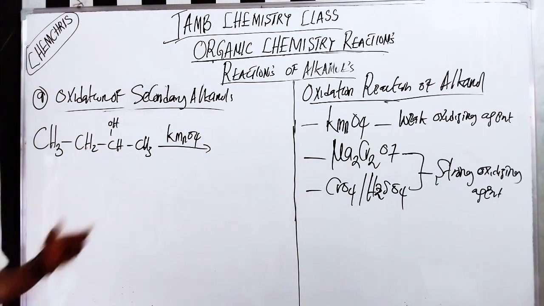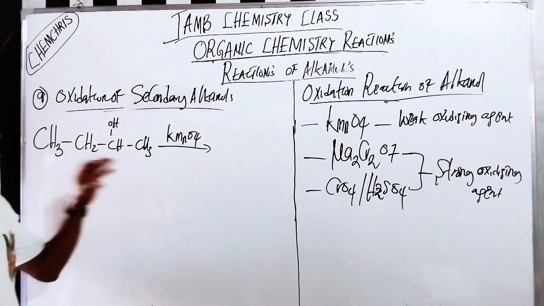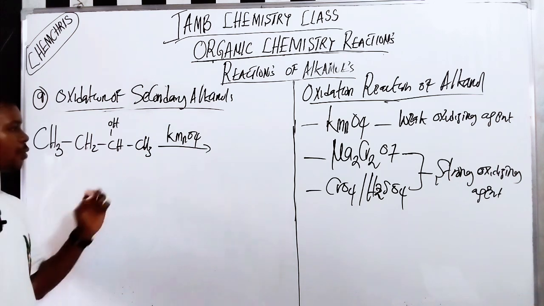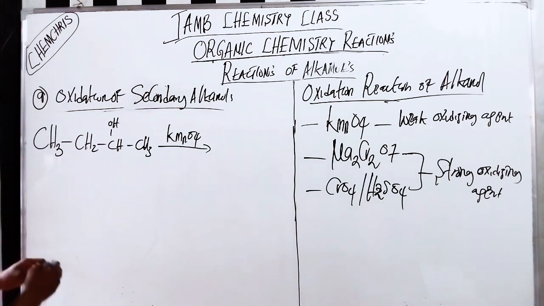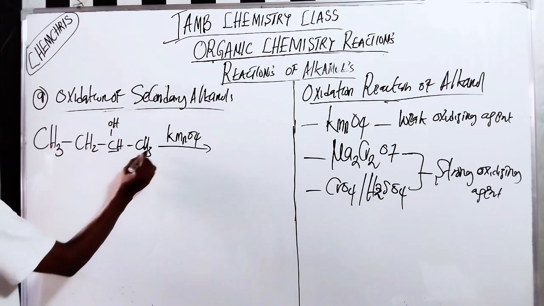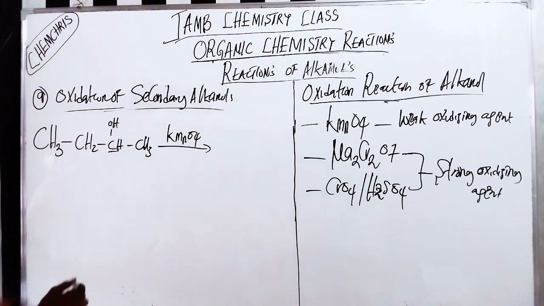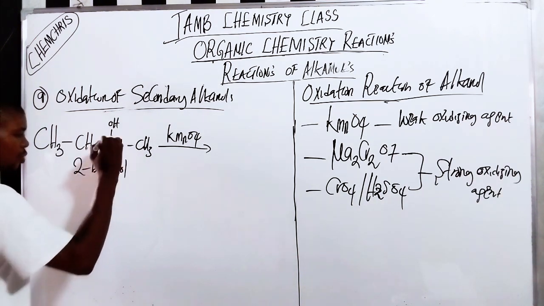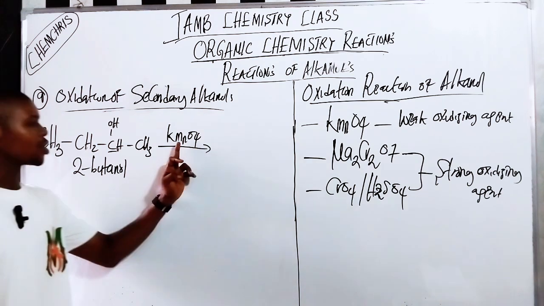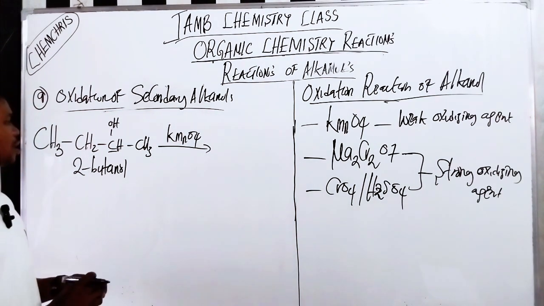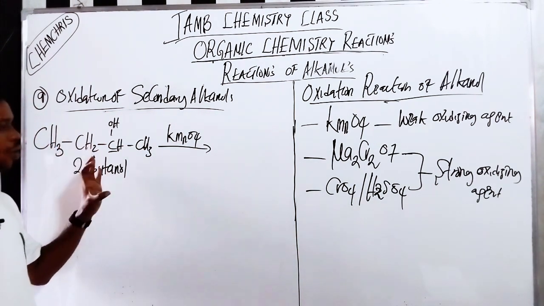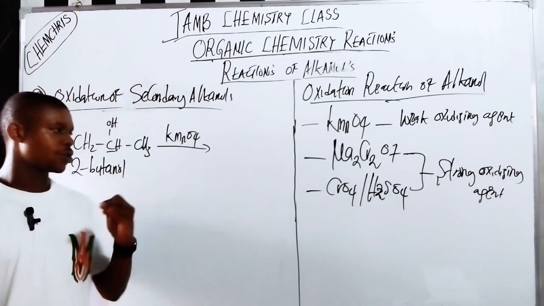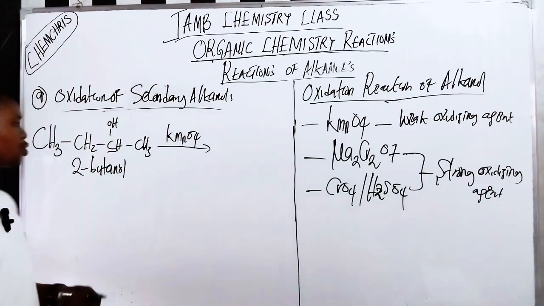Now, of course, this guy is a good example of secondary alcohol. Why? Because the carbon atom that bears the OH has two alkyl groups. So the name of it is called 2-butanol. Because it's a secondary alcohol, it is oxidized to ketone.